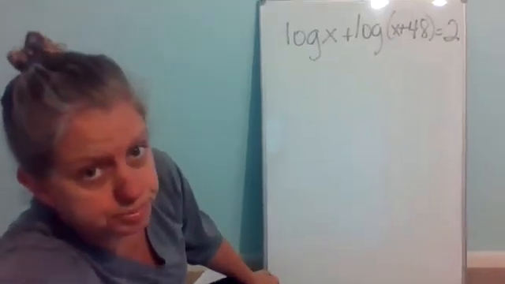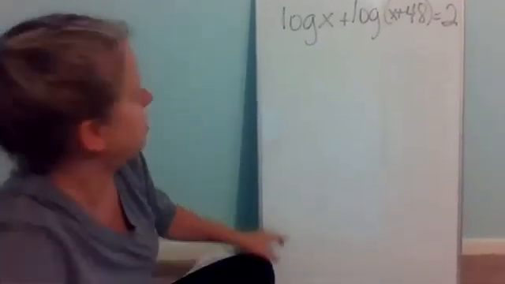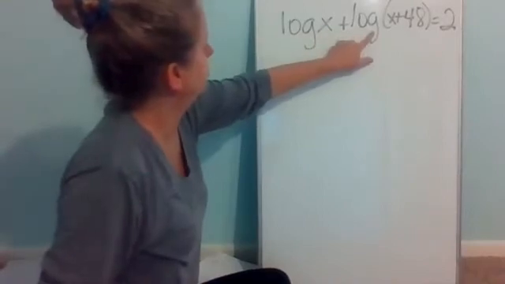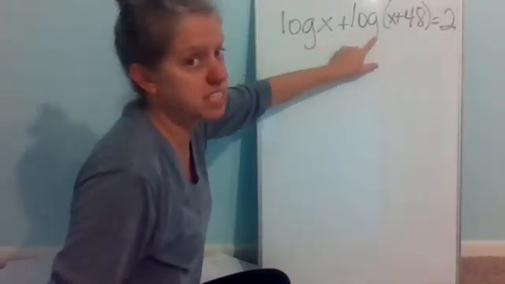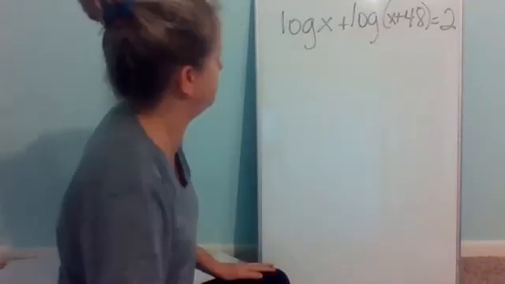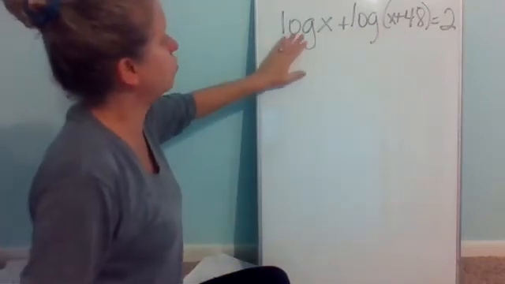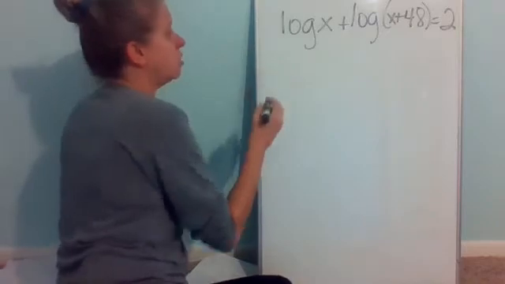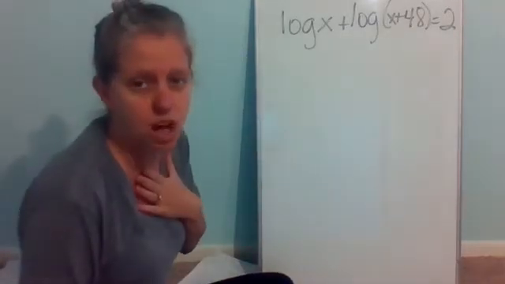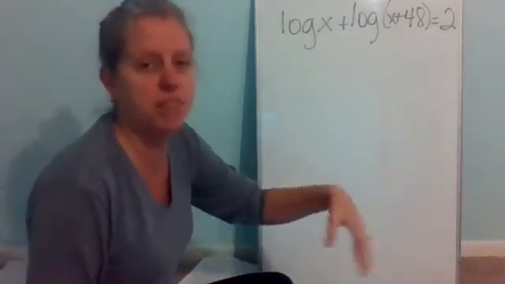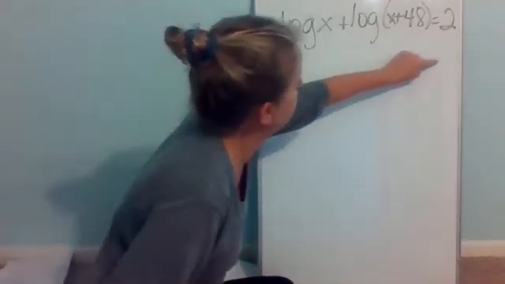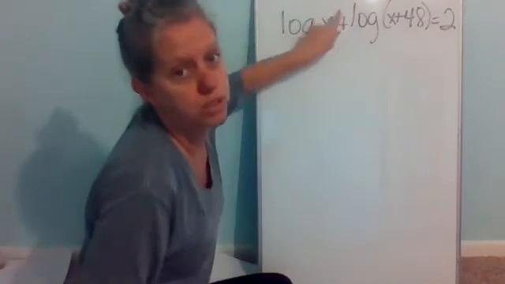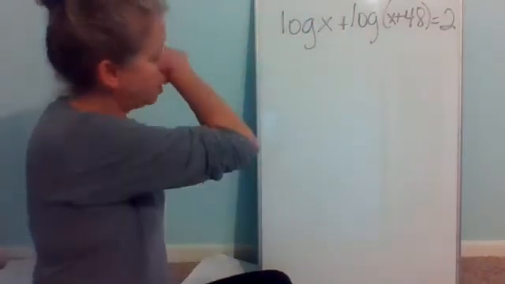So I have 2 logs, they're actually base 10, right? So they have the same base. I just don't see the base because it's base 10, which means I can rewrite this as a single logarithm, because if I have a single logarithm, I can use the same method I was doing on the last couple of problems by raising the base to 2 and making it equal to what the log is.